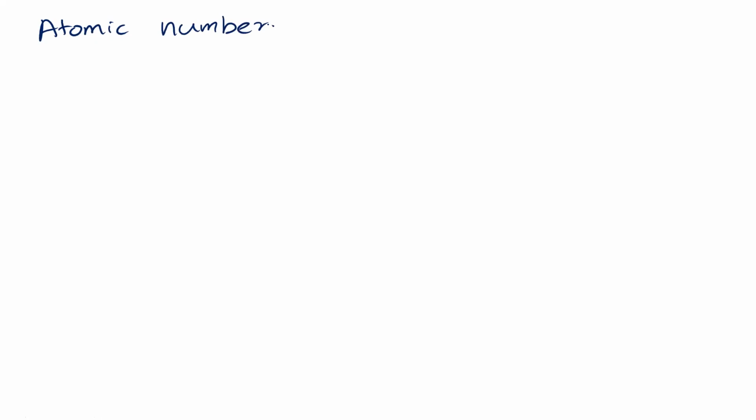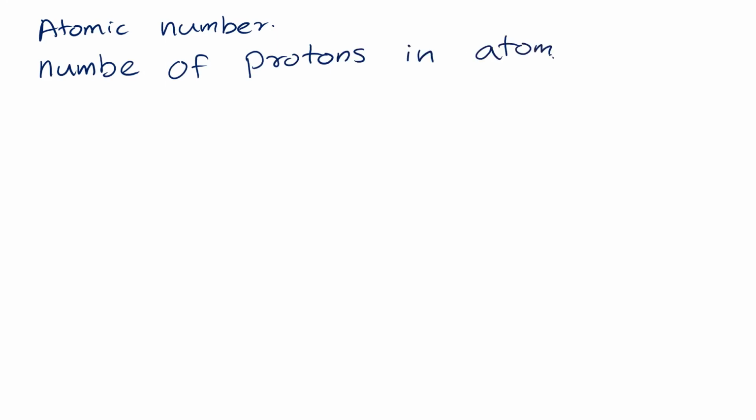Atomic number tells you the number of protons in an atom. And you might find it very weird that we use the symbol Z to symbolize the atomic number.